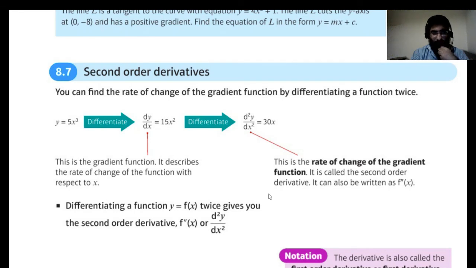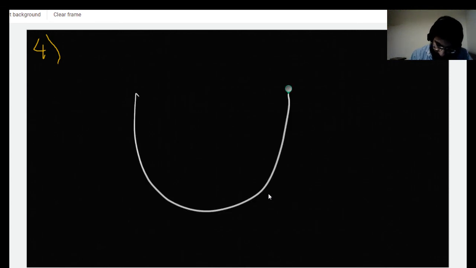So what are you going to do? Are you going to subtract the first and the last? No, no. If you look at the Jamboard, this is an initial curve. If I find the gradient at point A and then the gradient at point B, would the two be the same?